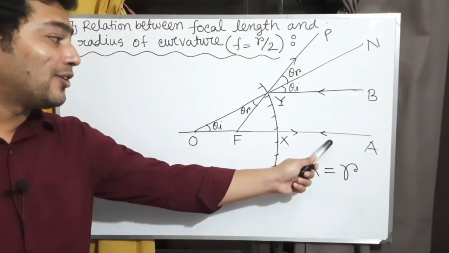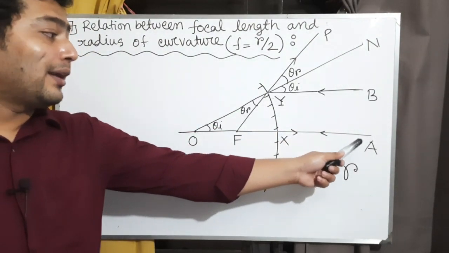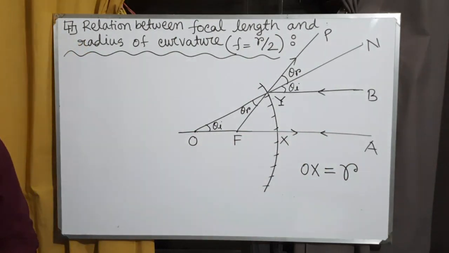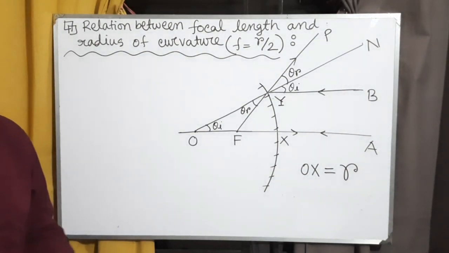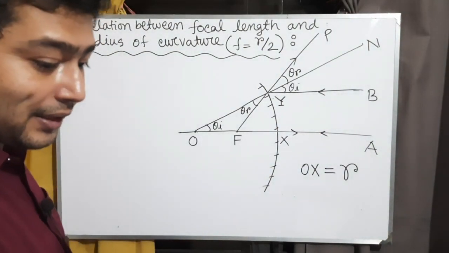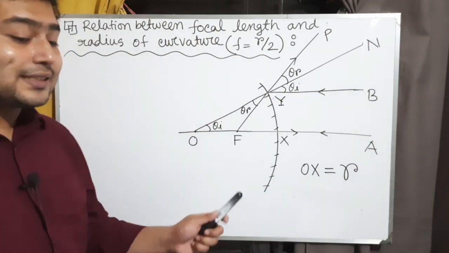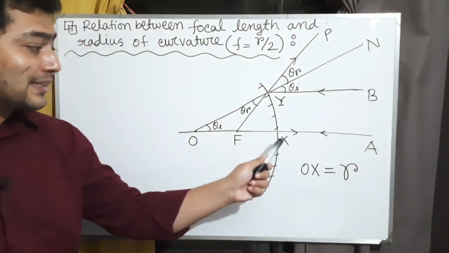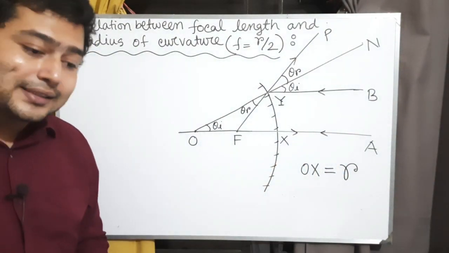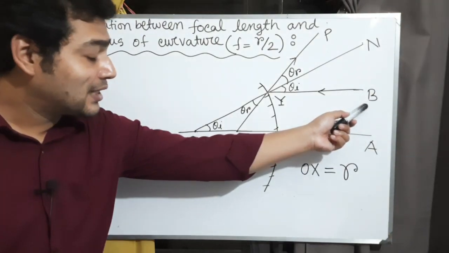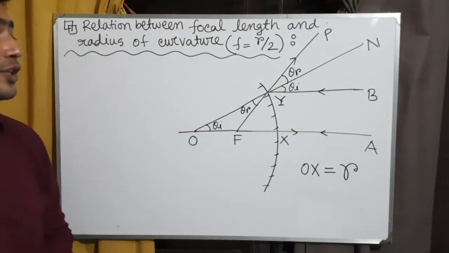The two parallel rays, which are parallel to the principal axis, come from A and B respectively.